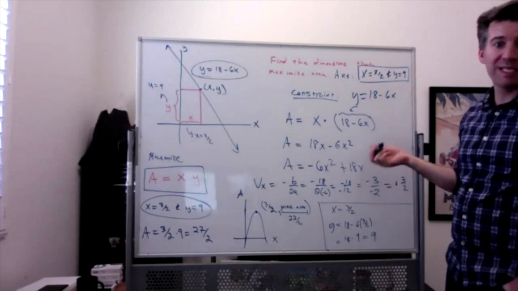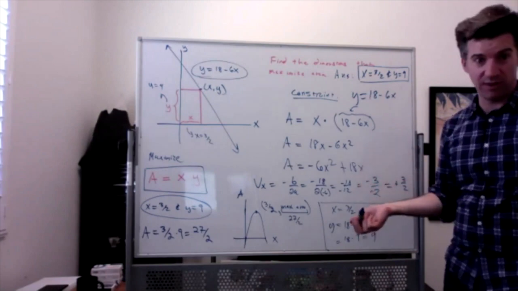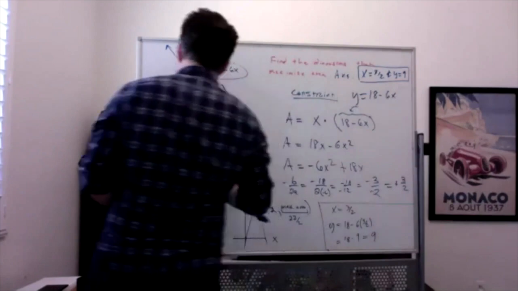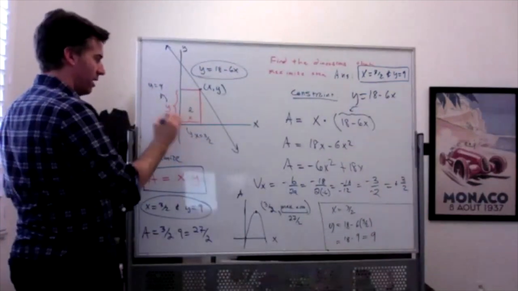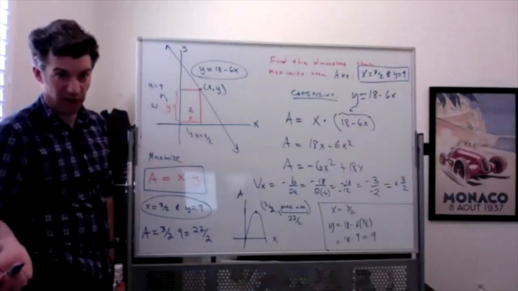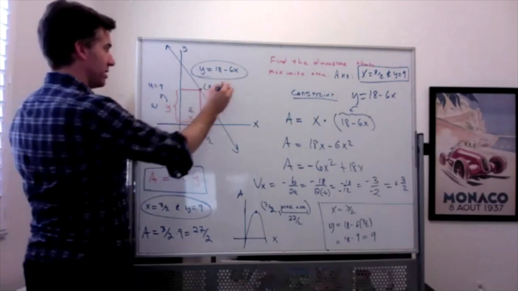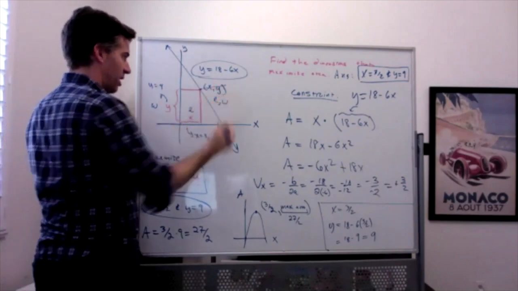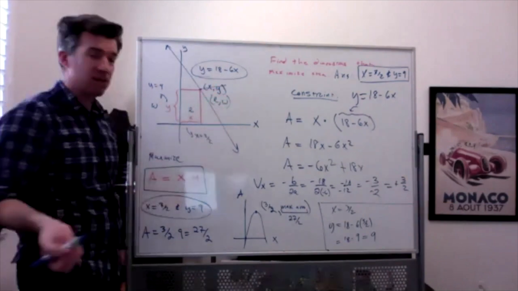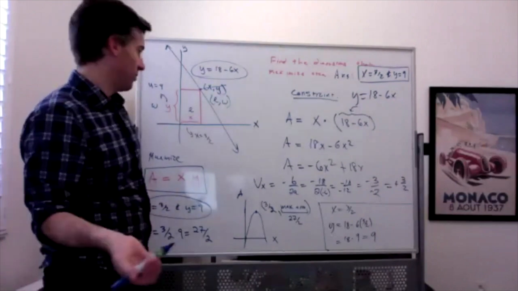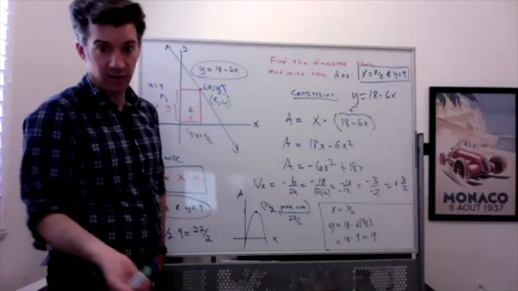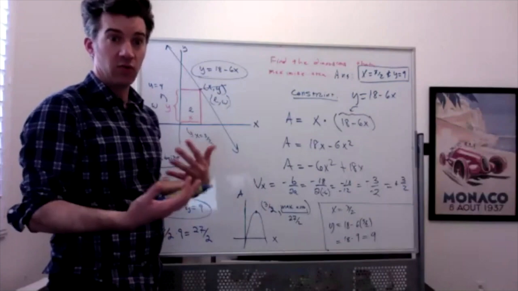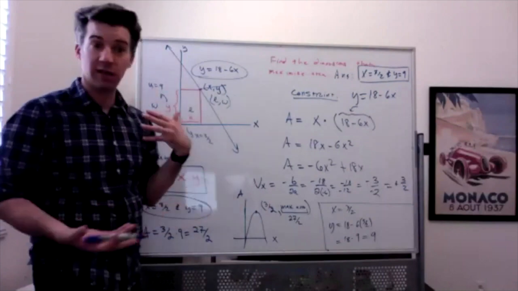Or it might be slightly different if you label things differently, right? Maybe you decided to call this side L and this side W for length and width. And then you said this here was L comma W. And then your answer would have been L equal to 3/2 and W equal to 9. So it does kind of depend on how you write your labeling in the first place.